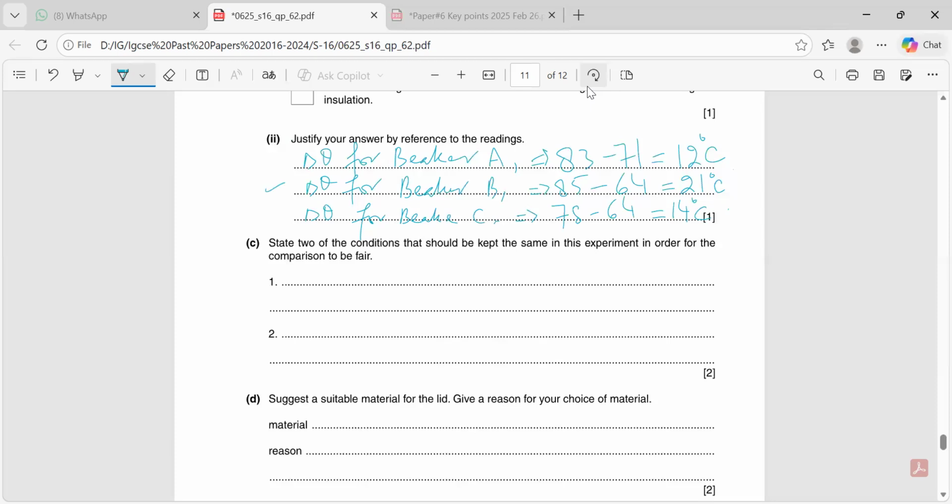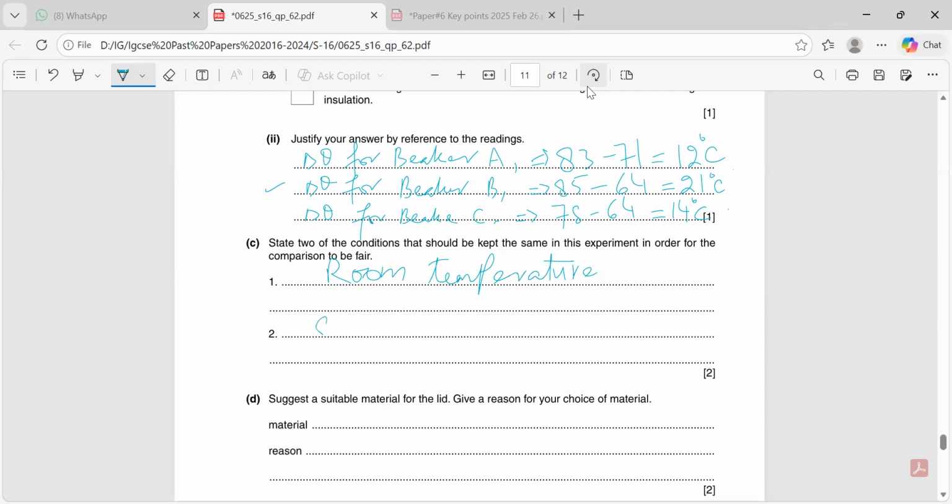State two of the conditions that should be kept the same in this type of experiment in order for the comparison to be fair. So starting temperature and room temperature, thickness of the lids, anything. So I'm writing here, first of all, room temperature, and already he kept the volume of water the same.